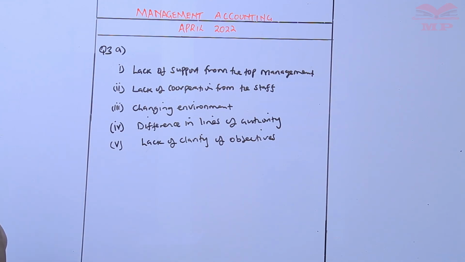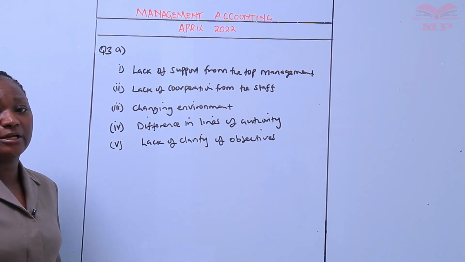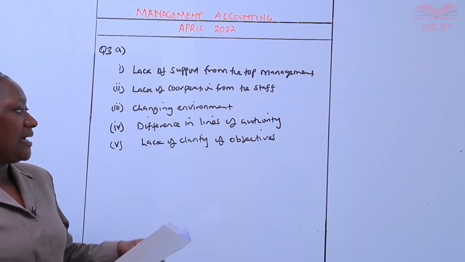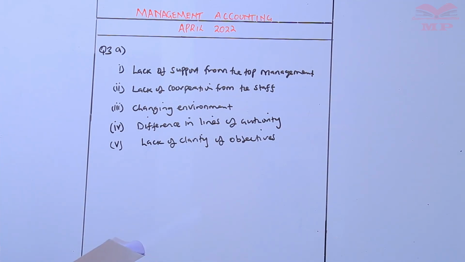Then finally, we have lack of clarity of the objectives. What is that system meant for? You need to understand that for you to ensure that you make that system match with the main objective of the business. So if there is no clarity then you may not be able to tell if that system will be a proper one.